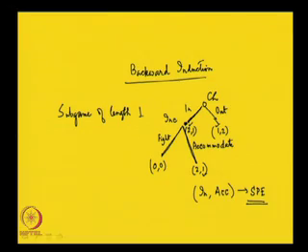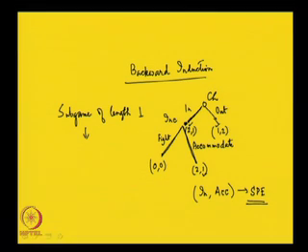What is meant by length 1? Well, in any game, the length of the longest terminal history is called the length of that game. So, if I am talking about a subgame of length 1, I mean that the longest terminal history in that subgame is of length 1.